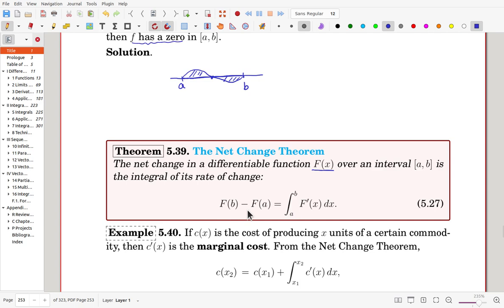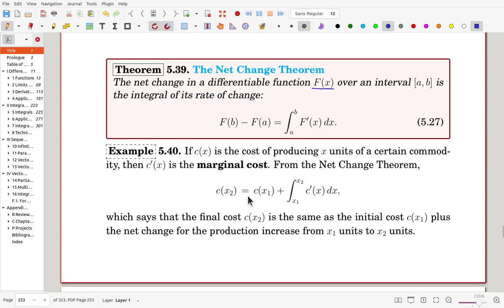This is in a sense another form of part 2 of the fundamental theorem of calculus, and it can be interpreted in this way. If C of x is the cost of producing x units of a certain commodity, then C prime of x is the marginal cost.